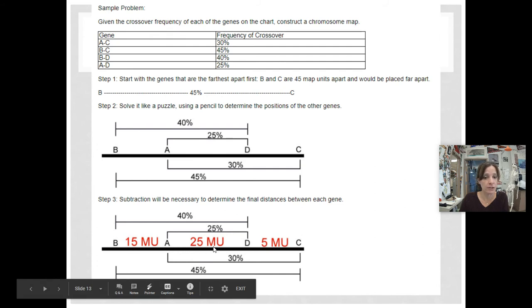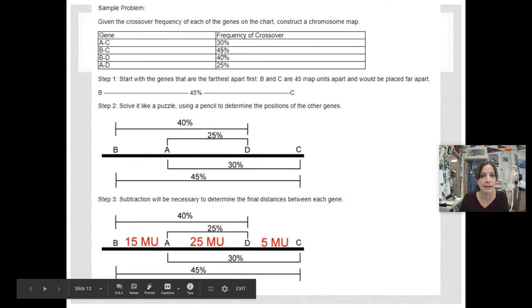You already know this is 25 because it was told in the problem. And for this one, you know that this is 30 between A and C because of this right here. And then between A and D is 25, so 25 plus 5 is 30. So it's just simple math, a little puzzle, kind of fun.